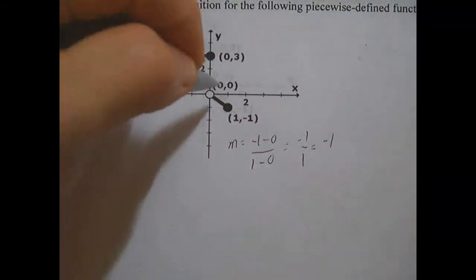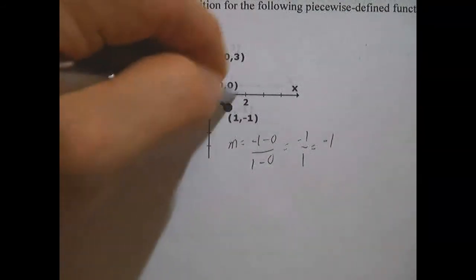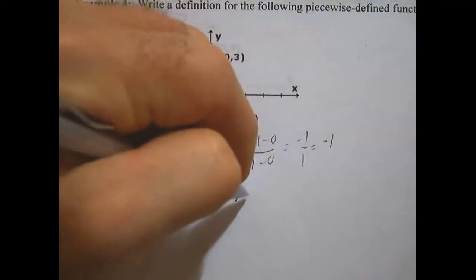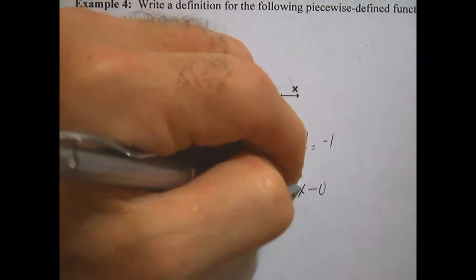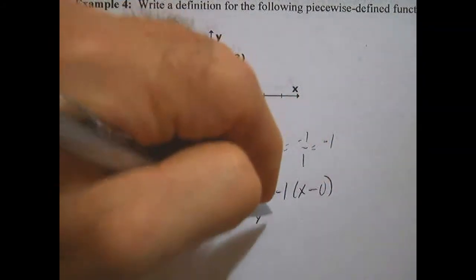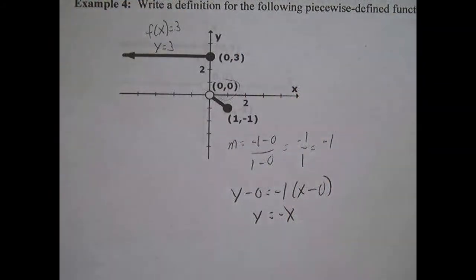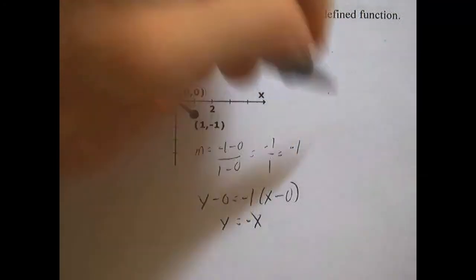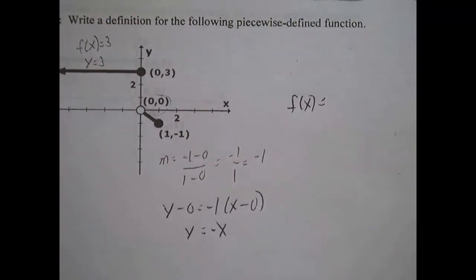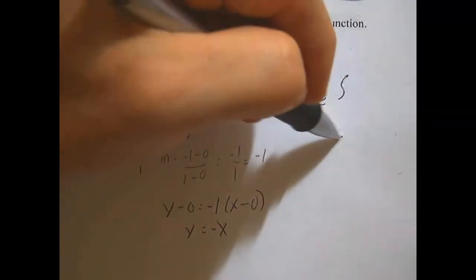And I'm going to choose, how about that point? Okay, so I have y minus 0 equals negative 1 times x minus 0. So my linear equation there is just y equals negative x. That's all that is. Okay, so now our piecewise defined function has to have both of these. So we're going to have, we'll just call it f of x. Okay, and one piece, let's put both pieces here.